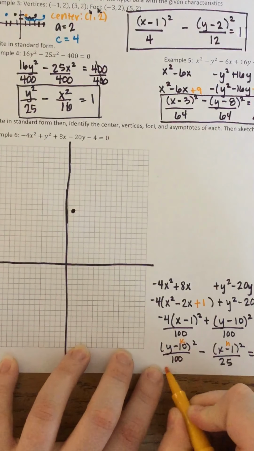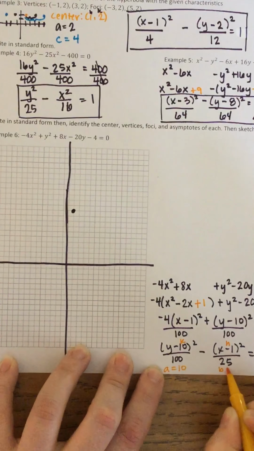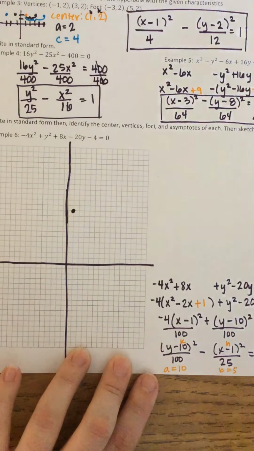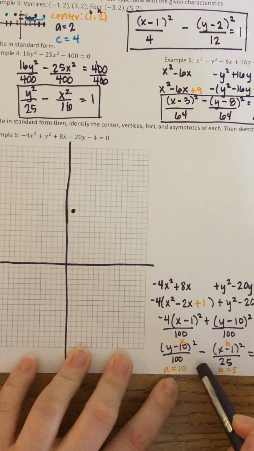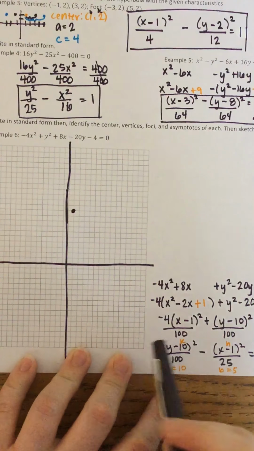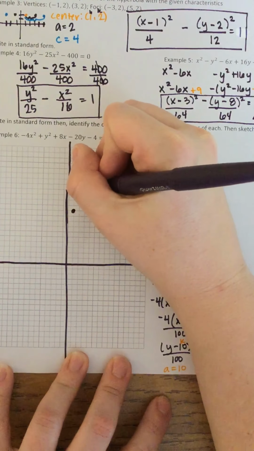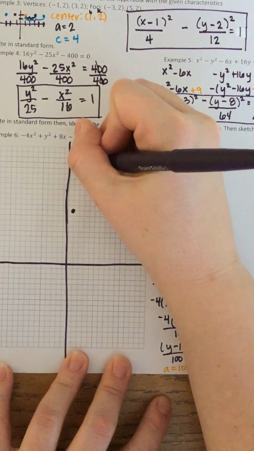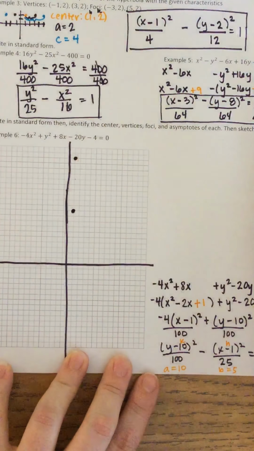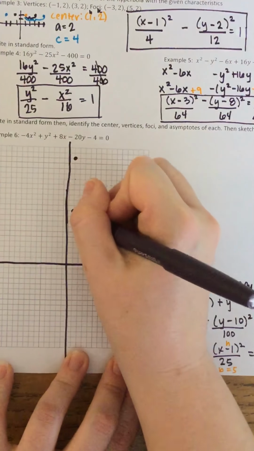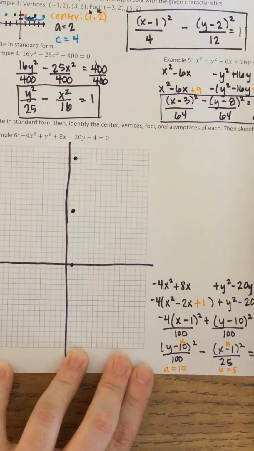On here, a is 10, b is 5. The direction we're going 10 is up and down because it's under the y. So from the center, I'm going up 10, which would be at 1, 20, and down 10, which would be at 1, 0.